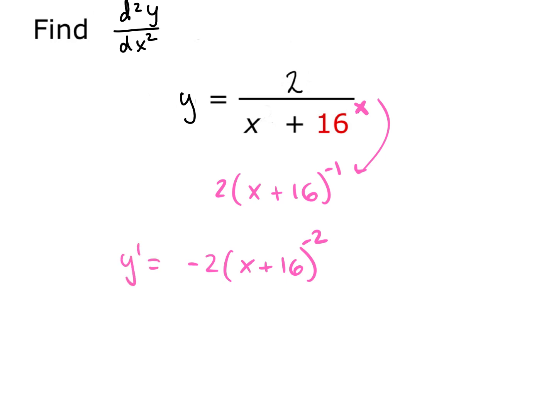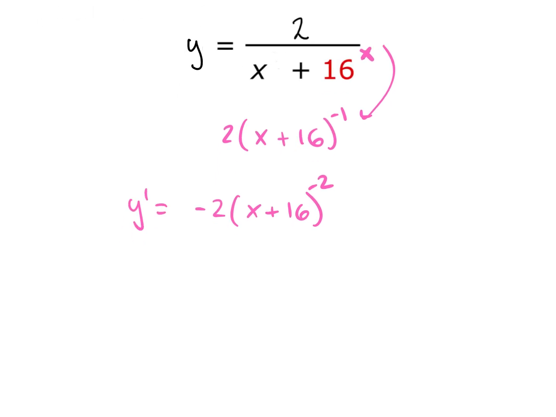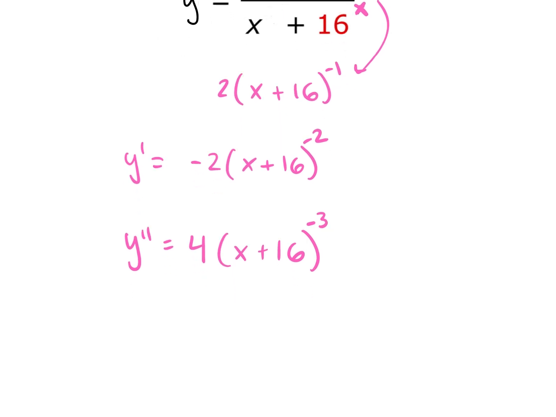What would we do to find the second derivative? Do the chain rule again. So y prime prime, or our second derivative, would be 4 times (x plus 16) to the power of negative 3. And what's the derivative of the inside? 1. So when you multiply it by 1, it just stays the same.